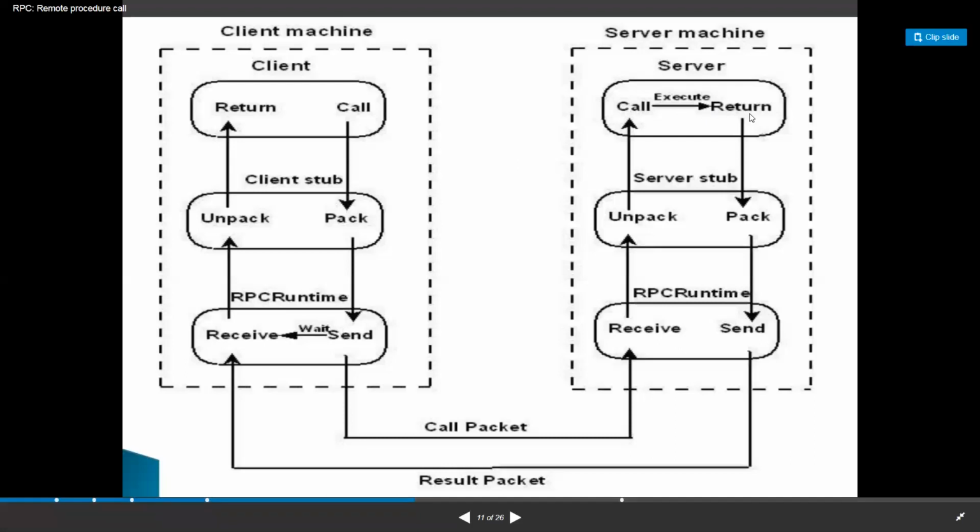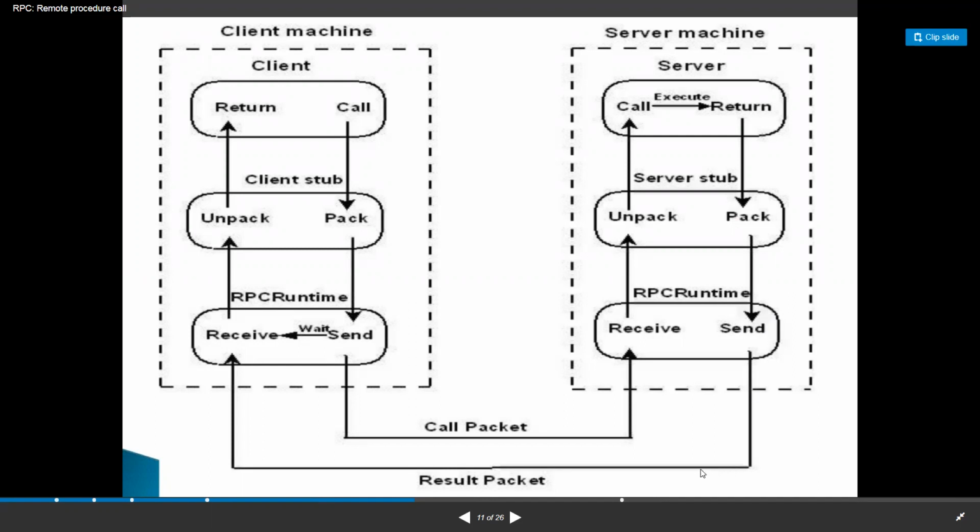From here it will return to the server stub. At the server stub, the result will be packed, and the packed result will be sent by using the RPC runtime at the server.